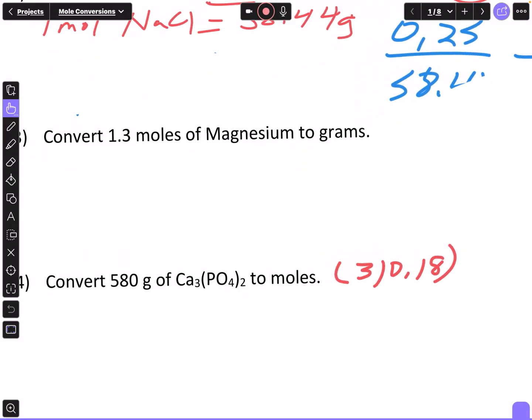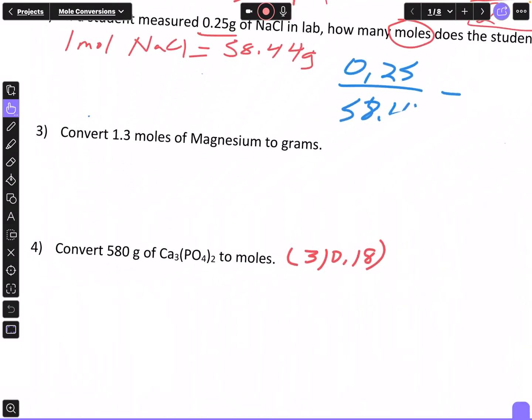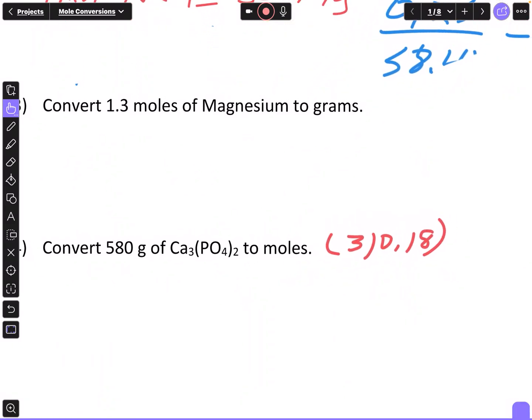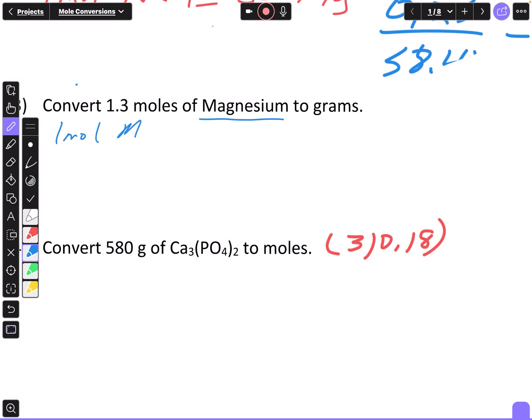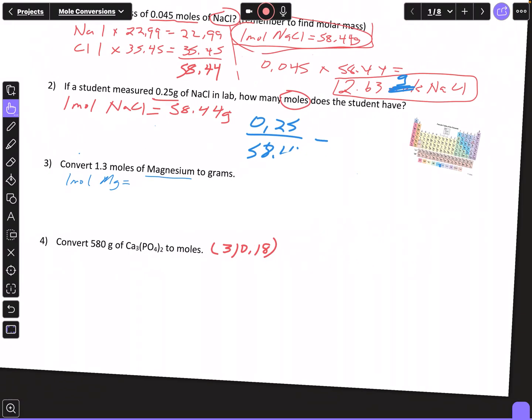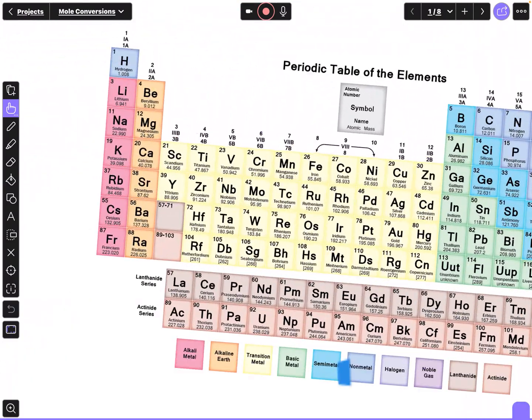Now this next problem says convert 1.3 moles of magnesium to grams. So what I need for my conversion factor, and this time I'm dealing with an individual element, is that 1 mole of magnesium is going to be equal to its atomic mass. So I'll look it up on my periodic table.